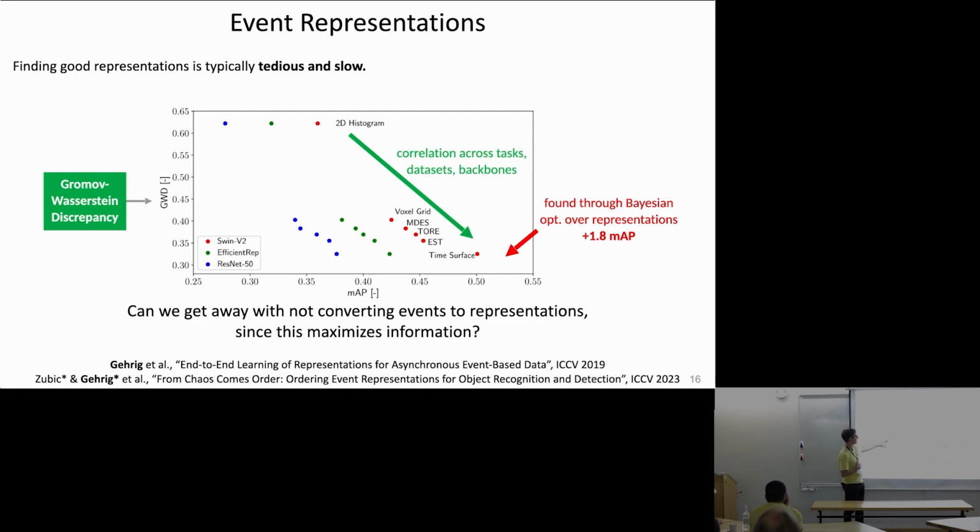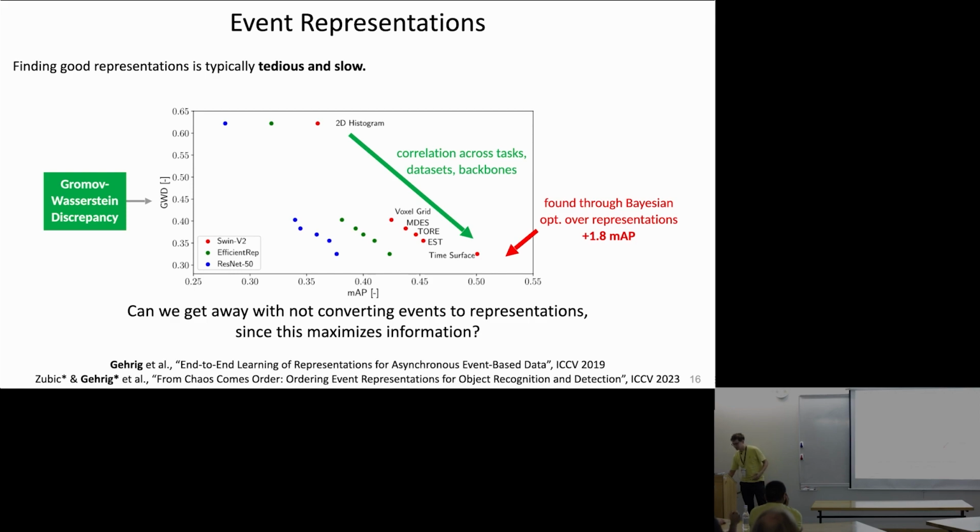For each one of them, you can compute the information loss in generating them, and then you plot here what is the information loss, and also how well my network performed when I trained with it. The star should be below time surface. Exactly, the star should be here. So we are further to the right and lower down.